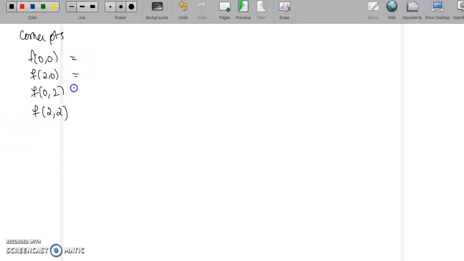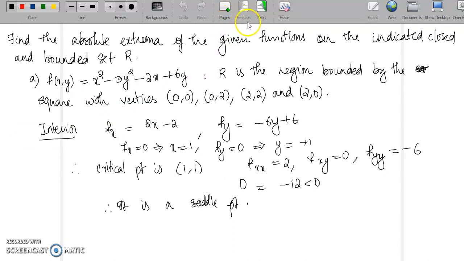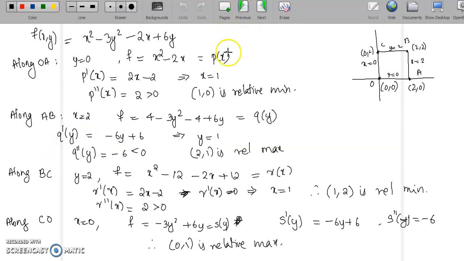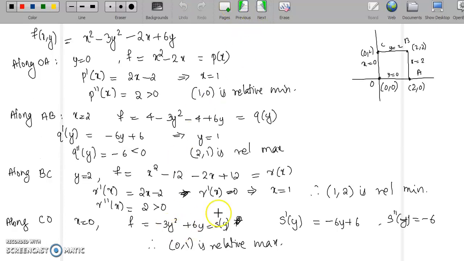We need to find all these values. Let us start with the first point: f of (1, 1), then f of (1, 0), (2, 1), and last, (1, 2) and (0, 1).